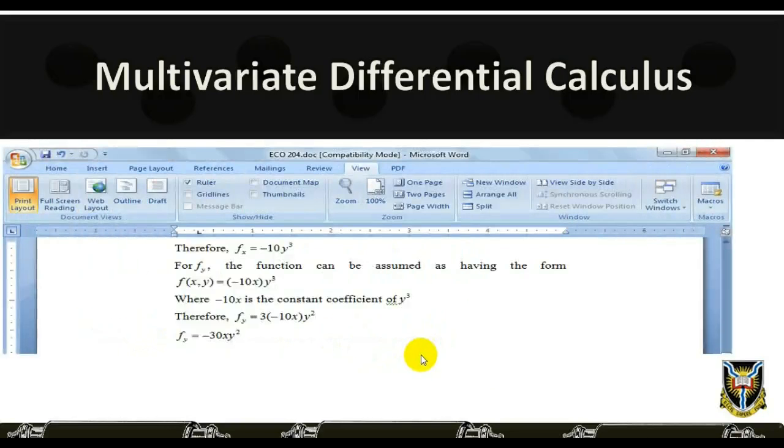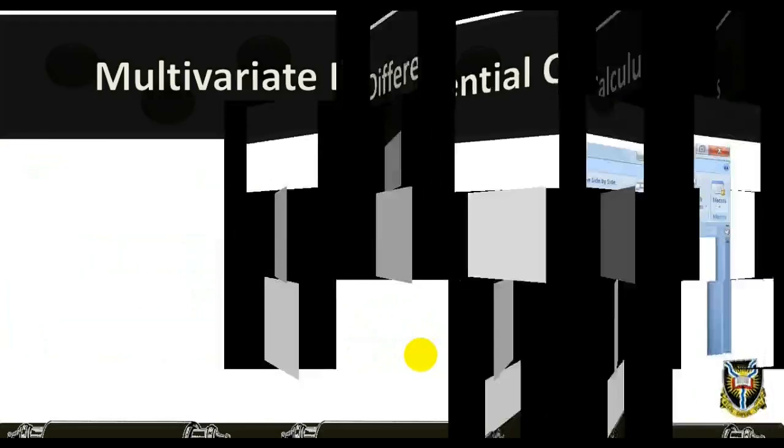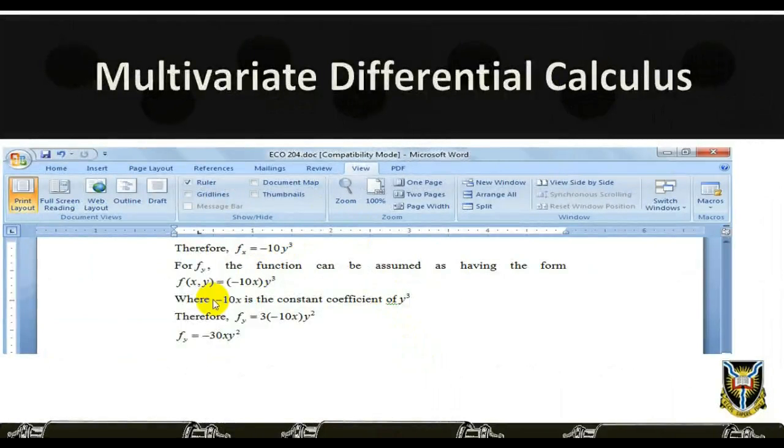Therefore, f_x equals minus 10 y cubed. For f_y, the function can be assumed as having the form f of x, y equals (minus 10x) times y cubed, where minus 10x is a constant coefficient of y to the power 3. Therefore, f_y equals 3 times (minus 10x) times y squared. f_y equals minus 30xy squared.